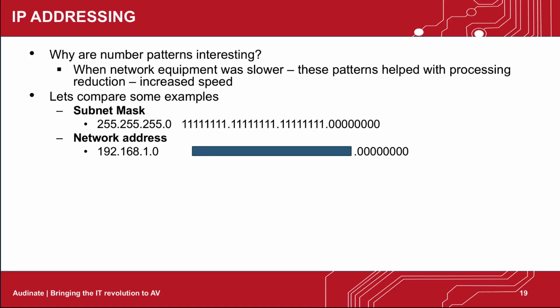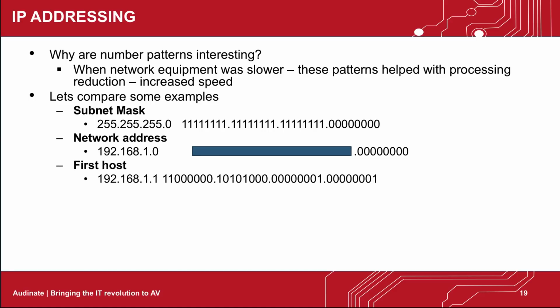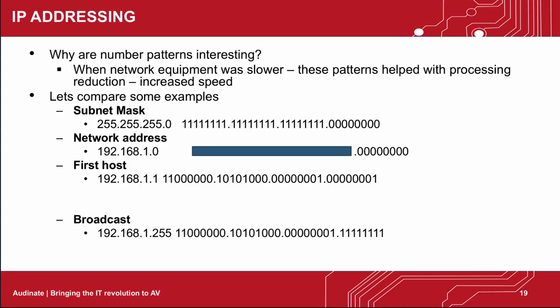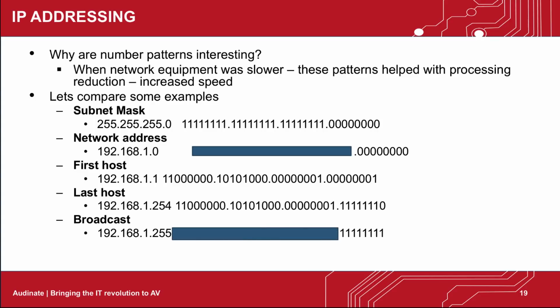This means that's our IP subnet address. Our first host will be 1 more than the network address. Our broadcast address will be all the host bits turned on. Our last host is 1 less than the broadcast address.